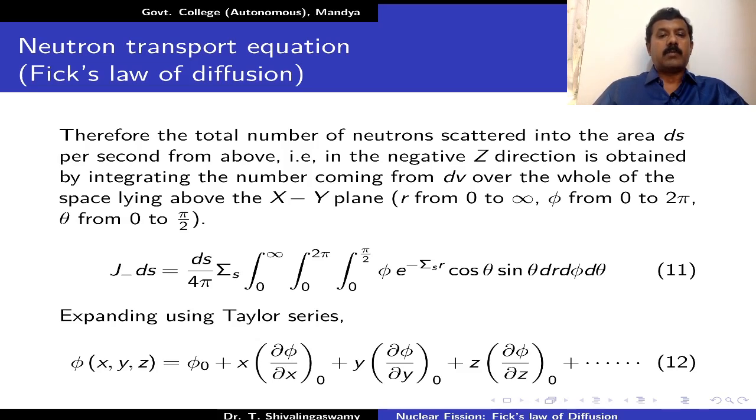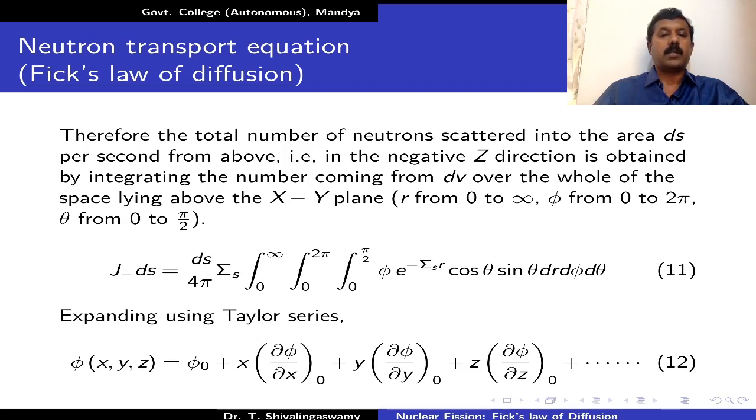To integrate this equation, we need to expand this phi. We can use any expansion method, but here we have used Taylor series for expansion. This phi can be expanded by using Taylor series in this way. You can write this phi is equal to some constant phi naught plus x into dou phi by dou x at origin.